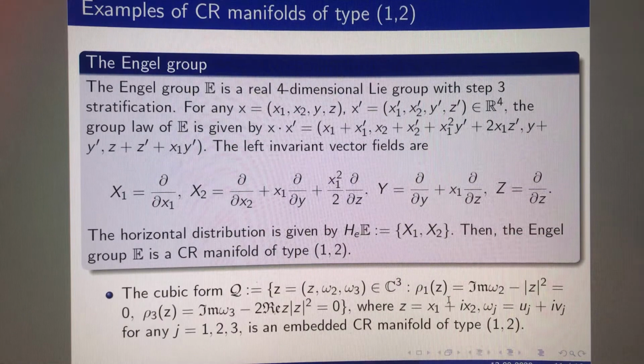And now we can have a look at our next example, which is called the Engel group. This is a real four-dimensional Lie group with a step 3 stratification, which means the Lie algebra n has a decomposition n1, n2, n3, with left-invariant vector fields given by X1, X2, Y, Z. We have n1, the horizontal distribution, which is actually given by the span of X1 and X2.